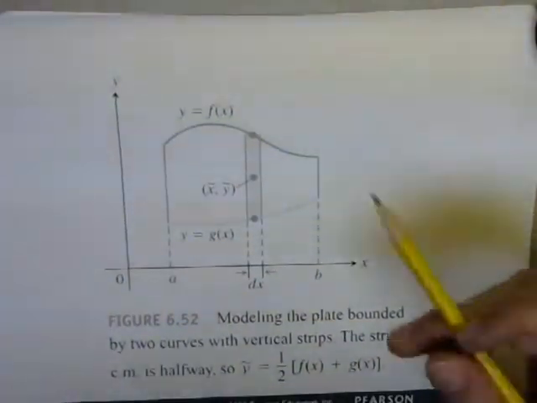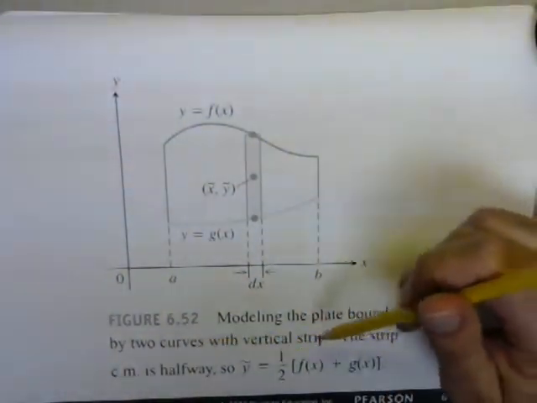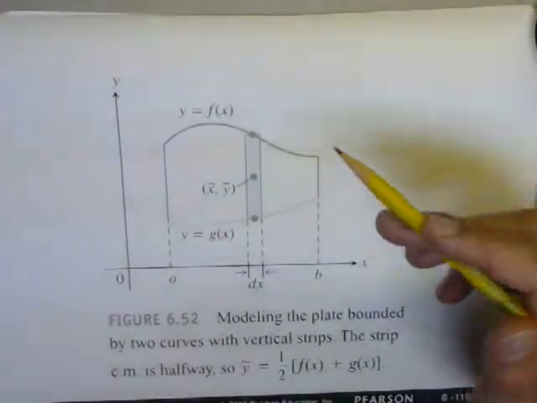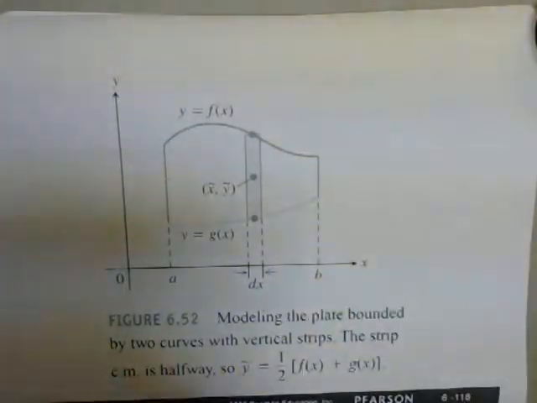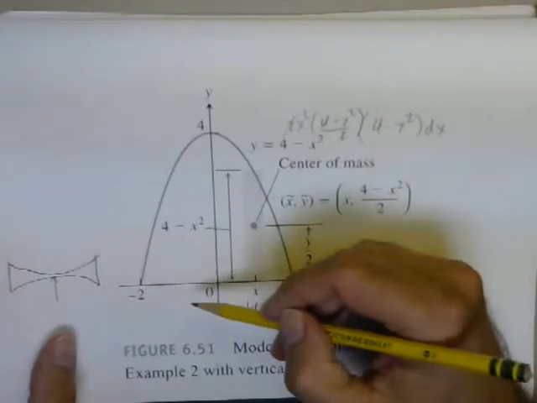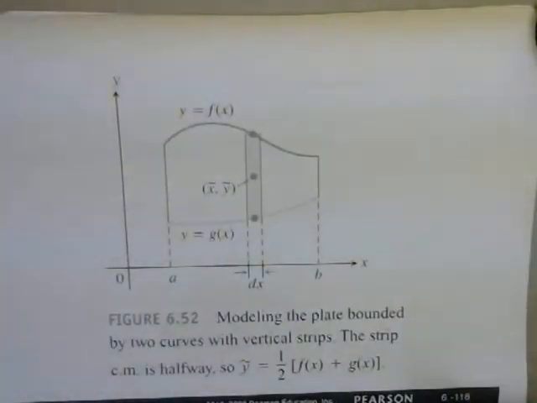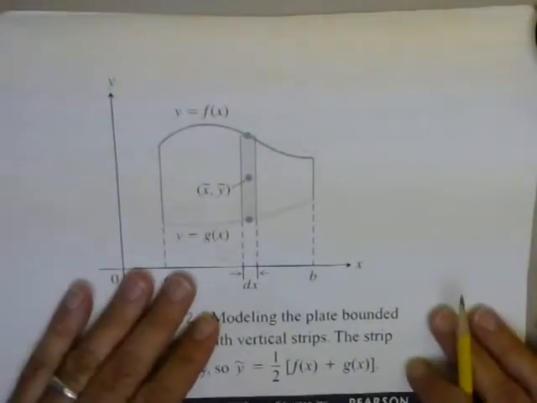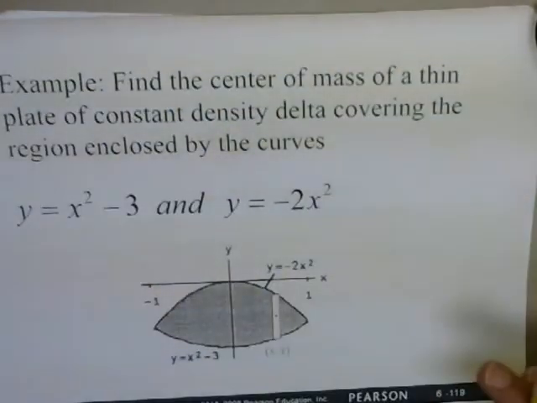So let's look at modeling the plate bounded by two curves with vertical strips. So let's say maybe the curve isn't up against the x-axis. Let's say that your plate is between two curves and you want to calculate the center of mass there.